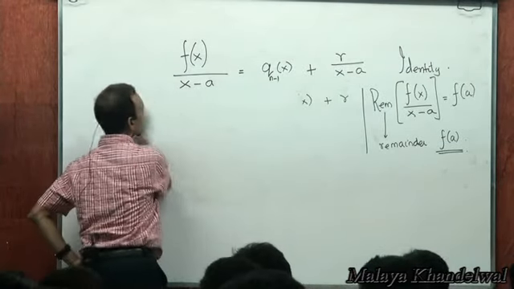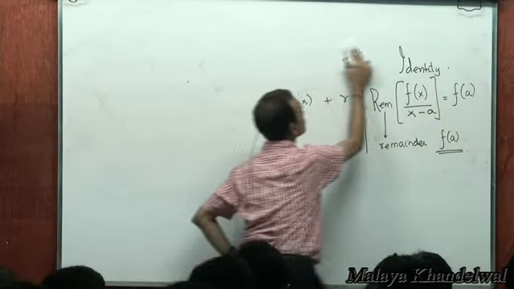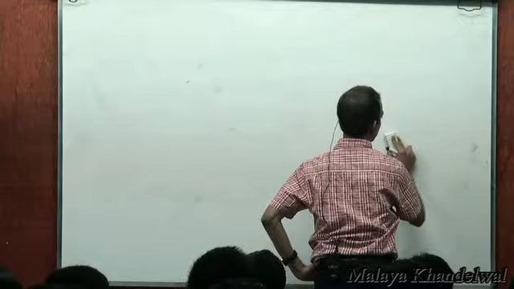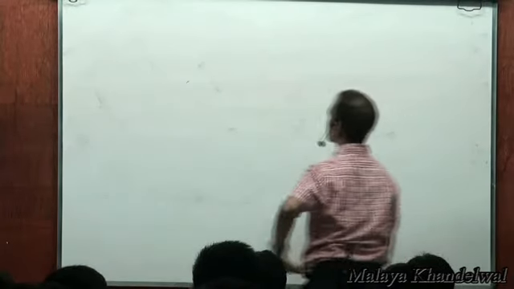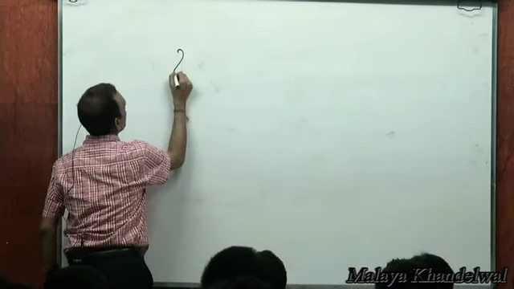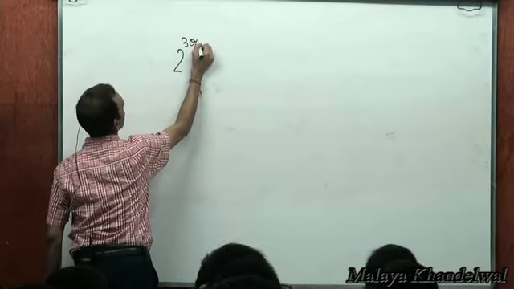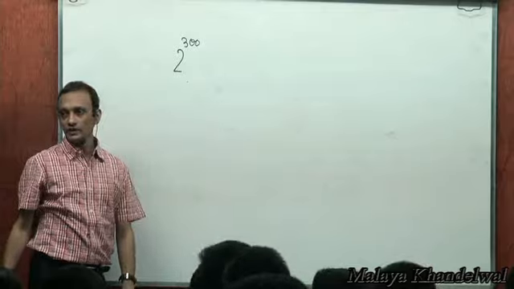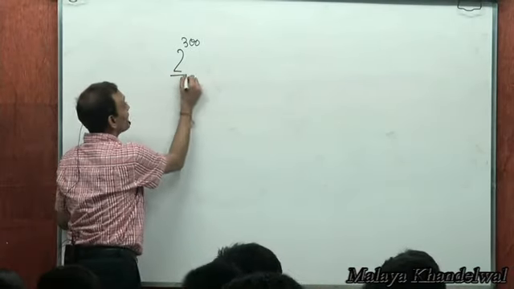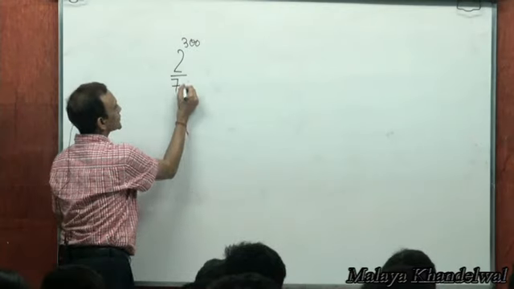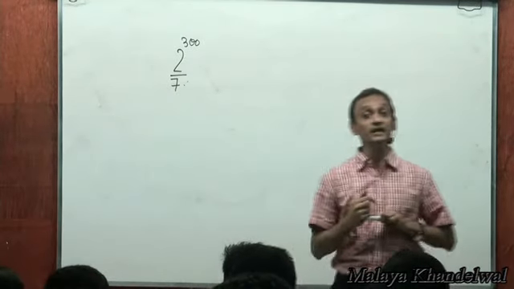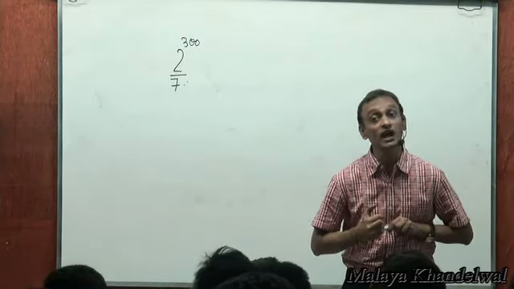Suppose I have 2 to the power 300, and I divide it by 7. I want to find the remainder when 2 to the power 300 is divided by 7.